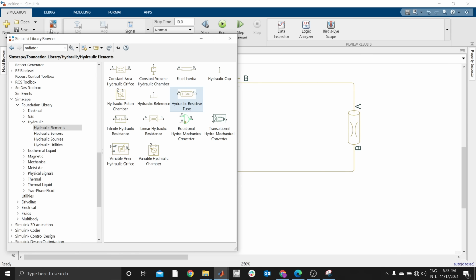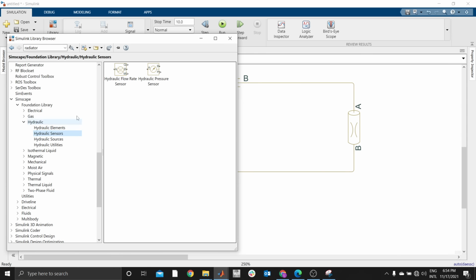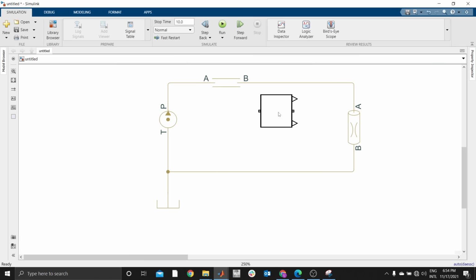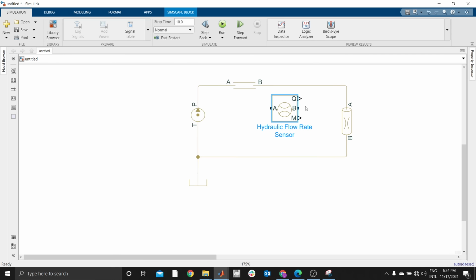Go back to library, go to sensors, hydraulic flow rate sensor, like that. Remember, it is a flow rate, therefore it is a through variable, therefore I have to connect it through. Just the liquid has to go through this. Okay, then connect this one.